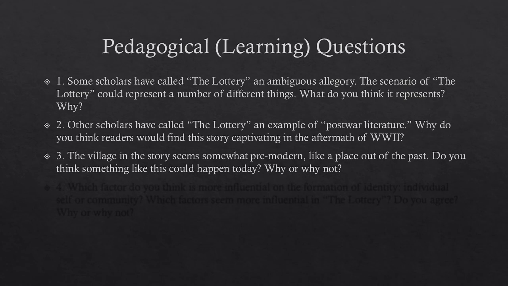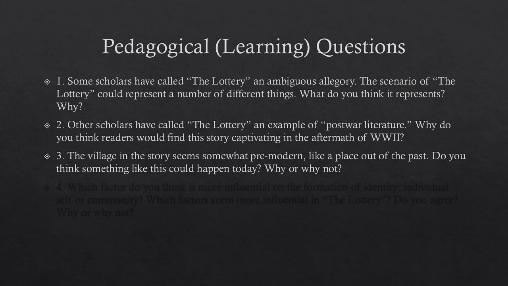The village in the story seems somewhat pre-modern, or in other words, like a place out of the past. So one of my all-time favorite questions to ask students about the story is, do you think something like this could happen today? Why or why not? It's interesting how this village is both very realistic but removed at the same time. There's nothing fantastical or supernatural.